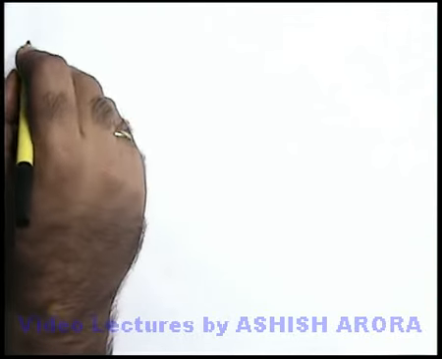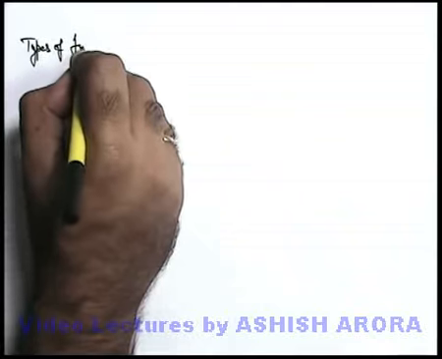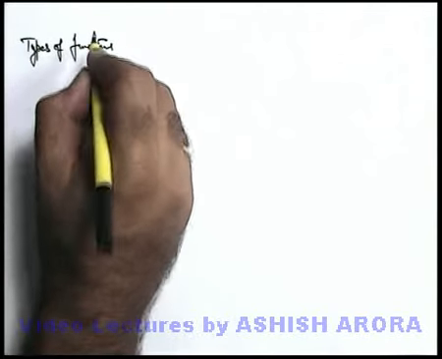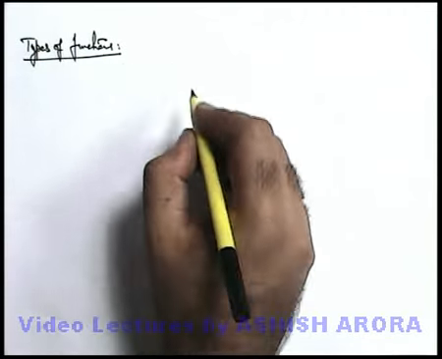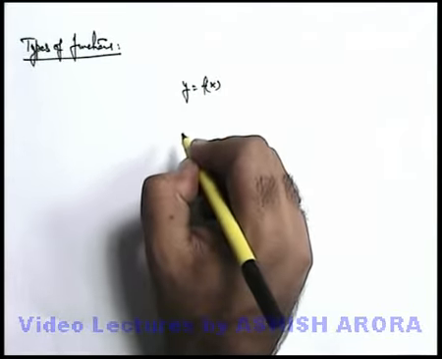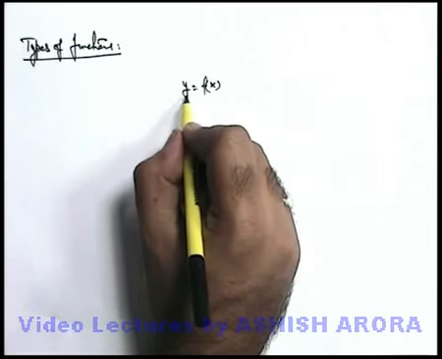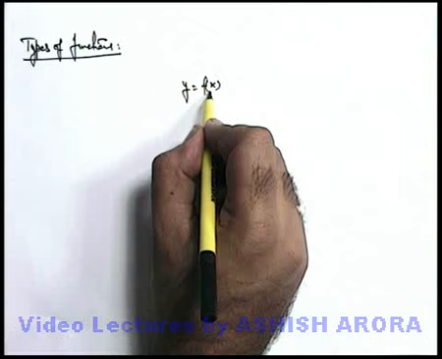Dear students, now let's discuss different types of functions. As we have studied, a function can be written as y is equal to f of x. Here y is a variable which depends on the values of x which is being substituted in the relation.